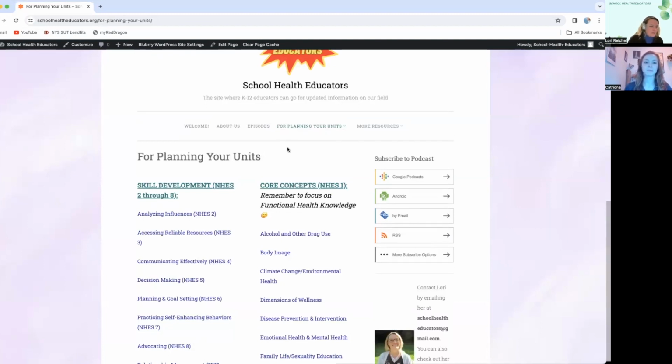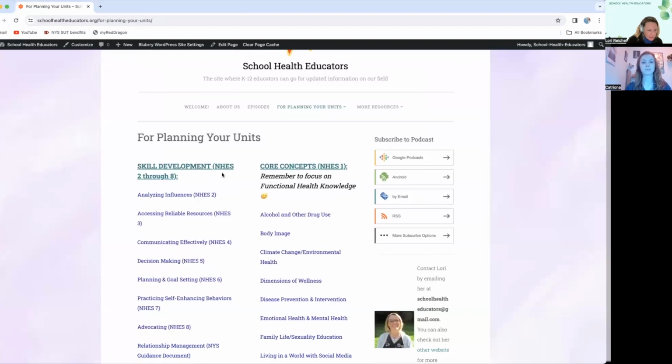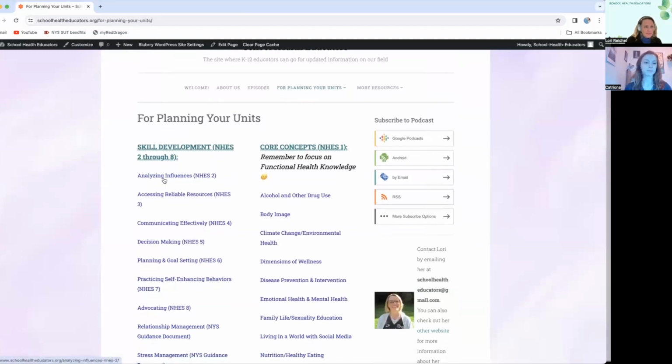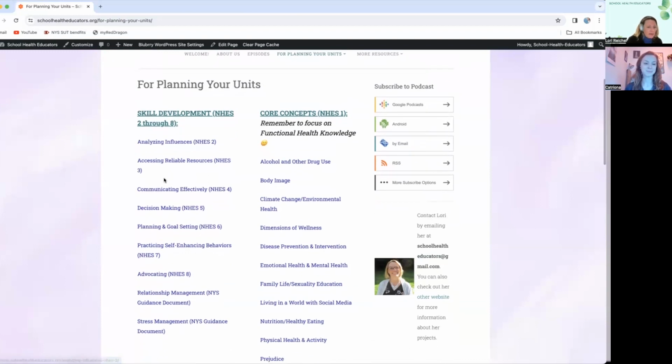If you go to the main page, you'll see that it's broken down under skill development and then core concepts. The topics underneath skill development refer to the national health education standards, whichever ones you refer to, in which you see analyzing influences, accessing reliable resources, communicating effectively, decision making, planning and goal setting, practicing self enhancing behaviors, advocating.